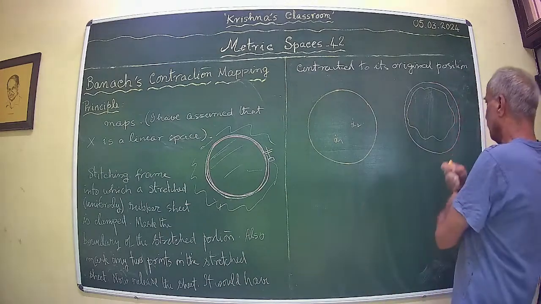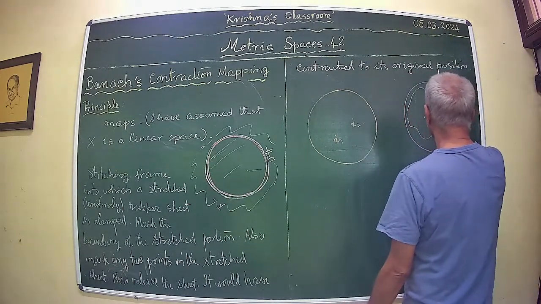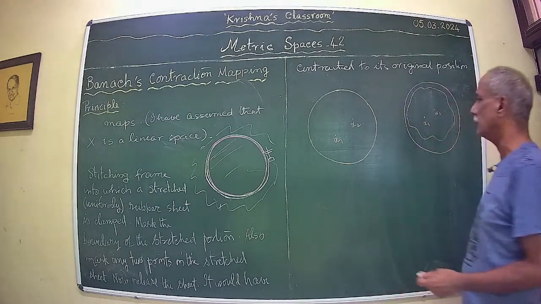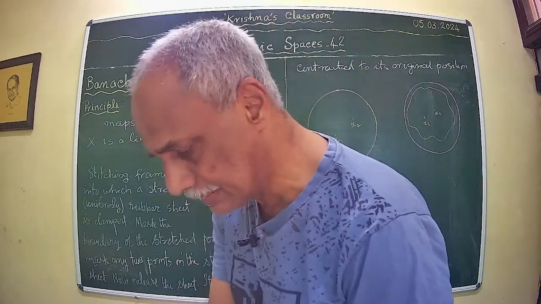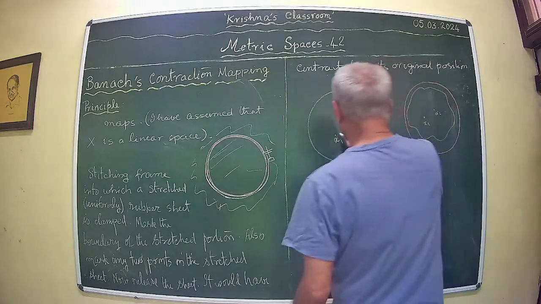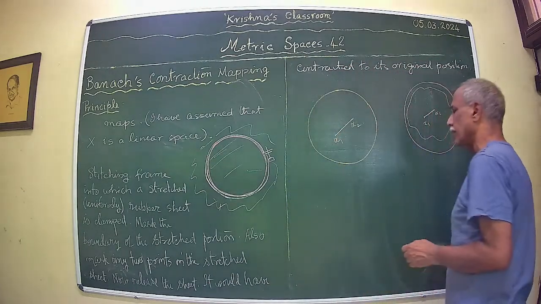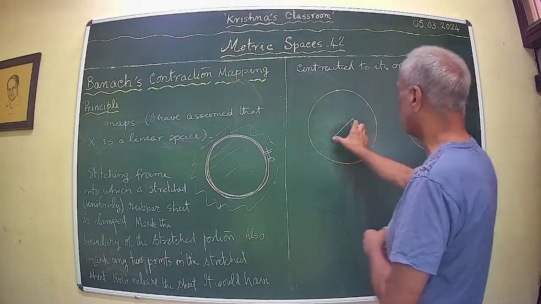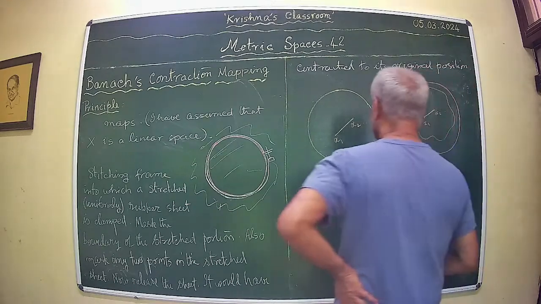It would have shrunk inside, and the distance between x1 and x2 would now be visible. And what you would observe is that the distance from x1 to x2 here and the distance from x1 to x2 here, this distance is going to be smaller than this distance. Okay, so let me rework it.